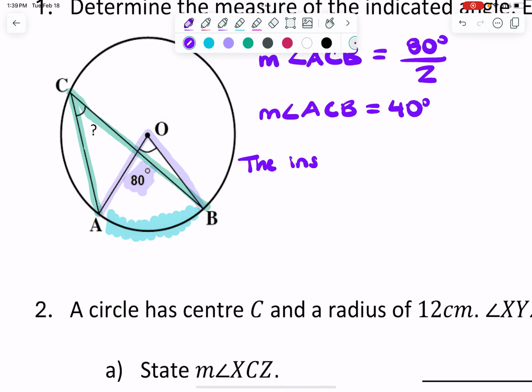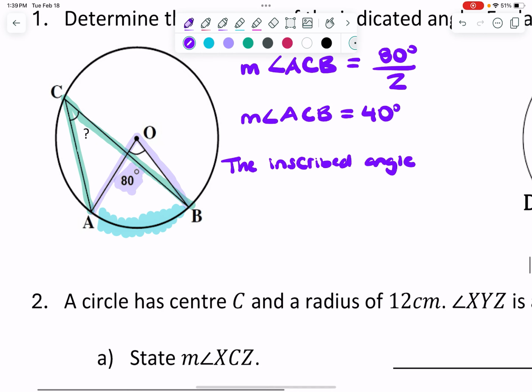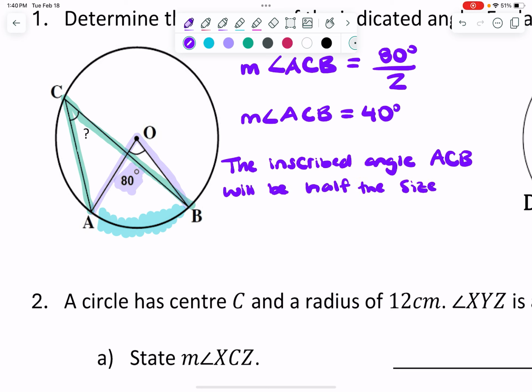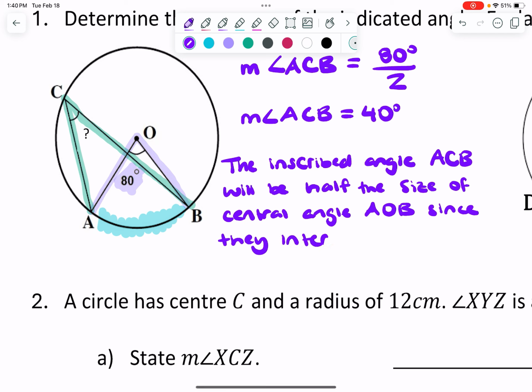The inscribed angle ACB will be half the size of central angle AOB, since they intercept the same arc.